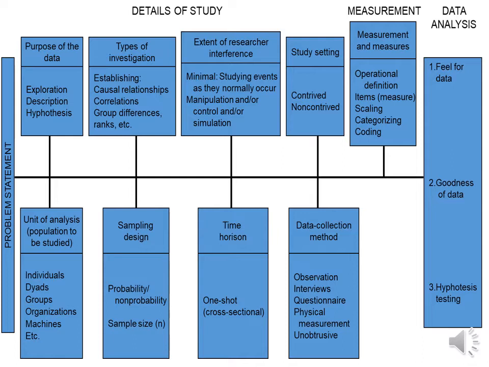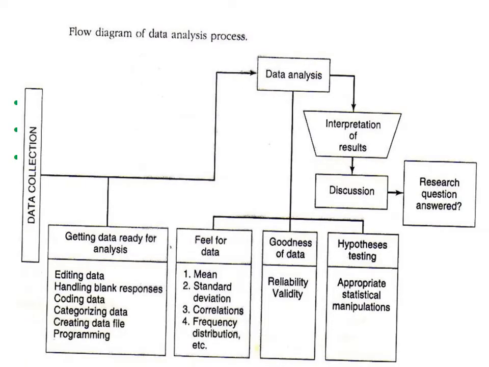In our previous module we already discussed the details of study and measurement, and now we are going to discuss the data analysis process and the data analysis objectives: feel for data, goodness of data, and hypothesis testing. The data analysis process is a framework like the scientific research design framework. Here you can see the diagram of the data analysis process.